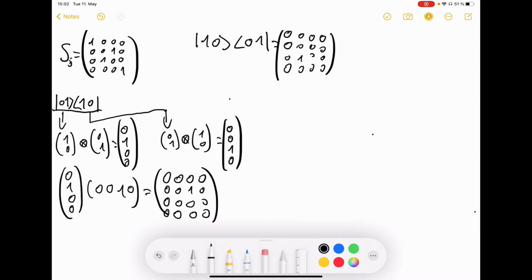Okay. Now we take this one here and we add them up, which results in Sij, which is again given by 1, 0, 0, 0, 0, 0, 1, 0.